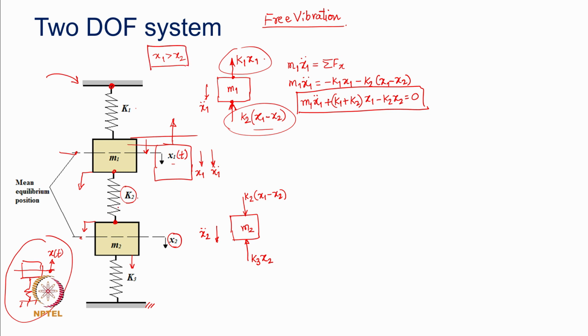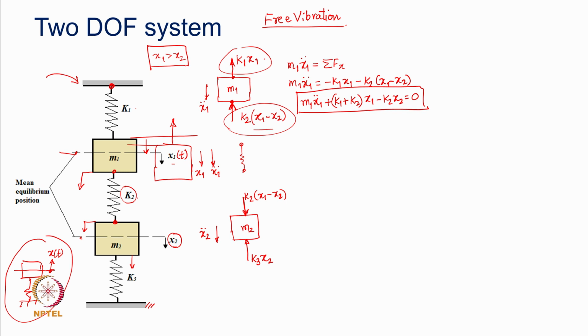This spring is going to be under compression. So, that compressed spring will try to push the mass m2 further down, and the force with which it will do so is K2 into (x1 minus x2). You can otherwise consider the free body diagram of the spring itself, and then you will get the same force.